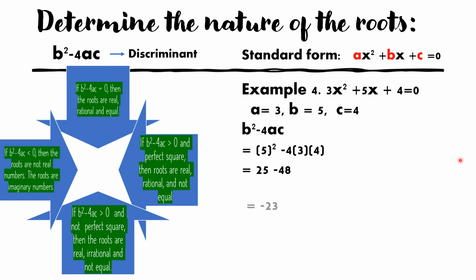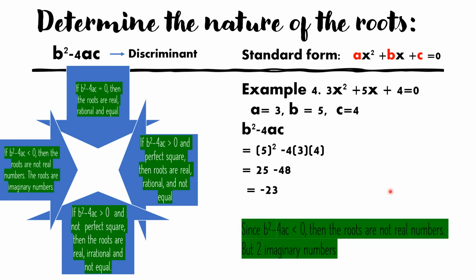And that is equal to negative 23. Now, the discriminant is less than 0, a negative number. So, since b squared minus 4ac is less than 0, then the roots are not real numbers. They are called imaginary numbers.